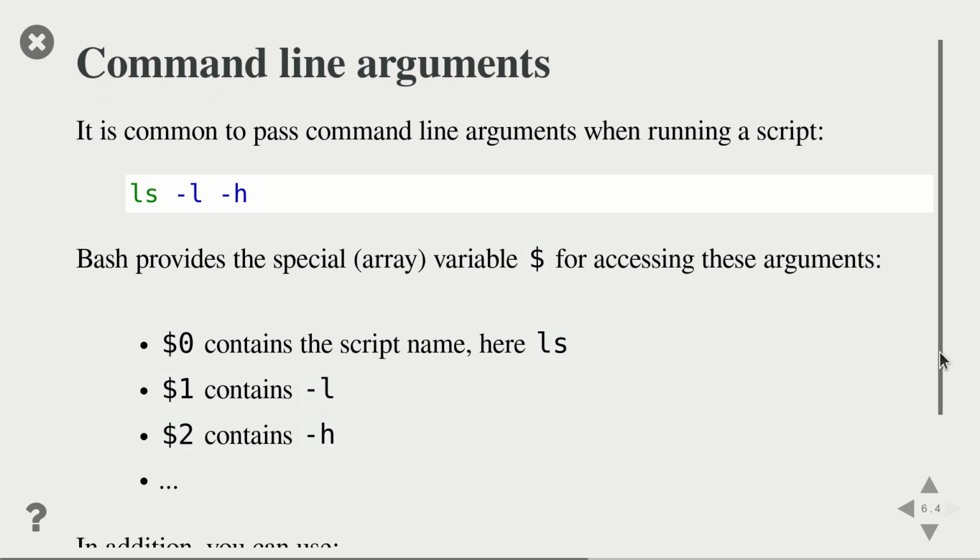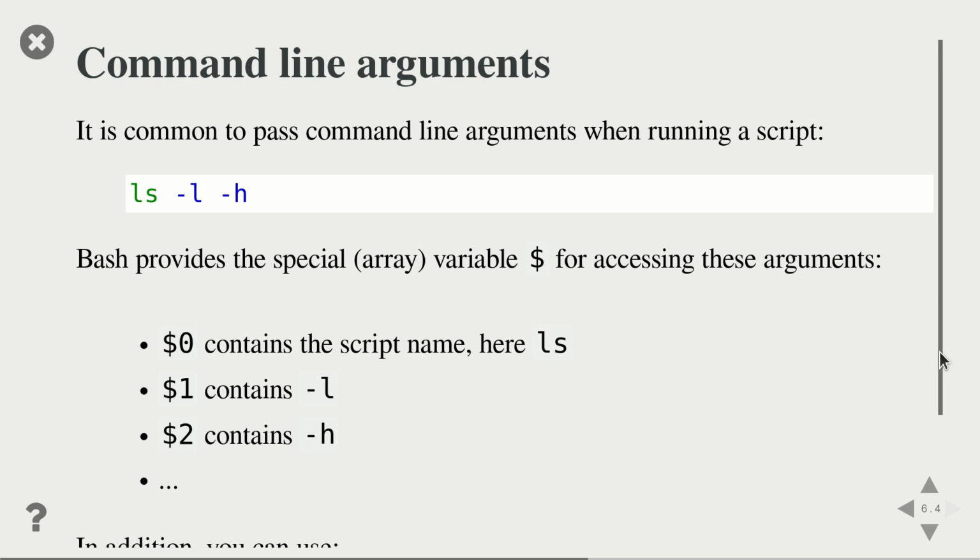So another very important part of Bash programming is that your scripts will have command line arguments. And there are special variables that allow you to retrieve these. So for instance, if you write a script and you wanted to take command line arguments like this, then in that script you can access these with a $ and then the number.